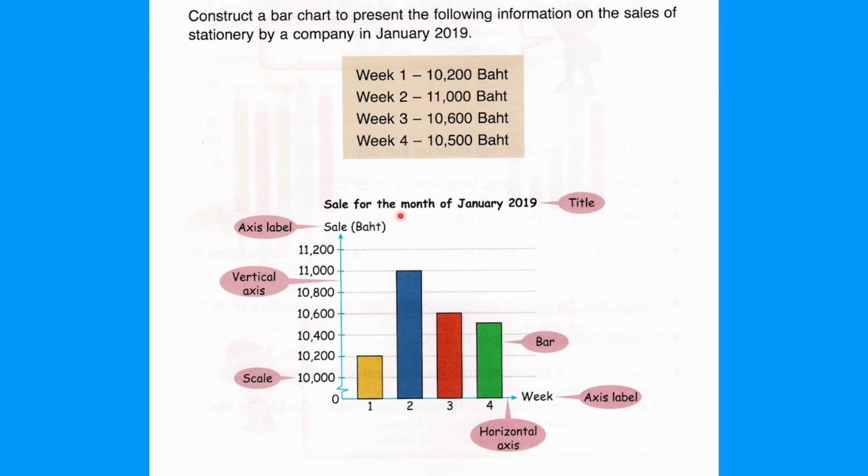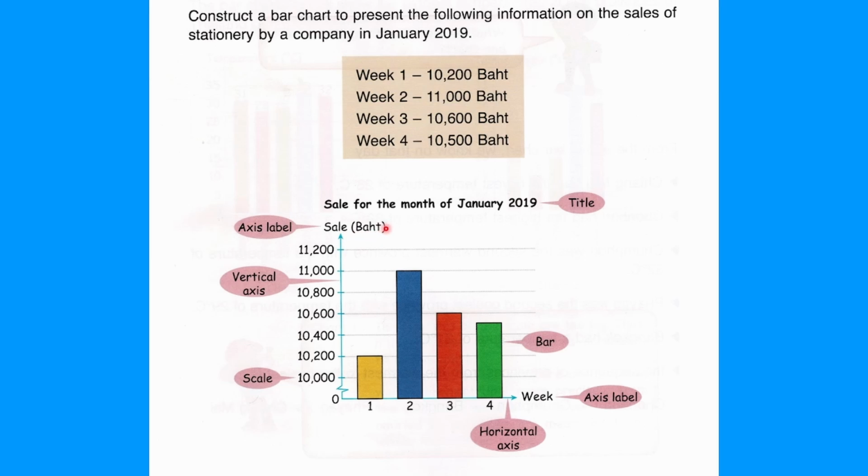Scale for the month of January 2019. The title. So this is the title or the name of this bar chart. Axis label, sale, baht.